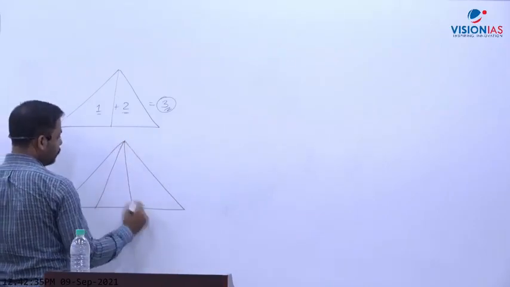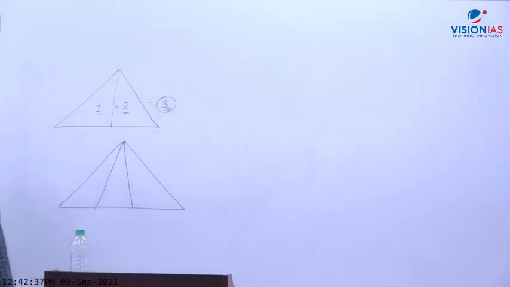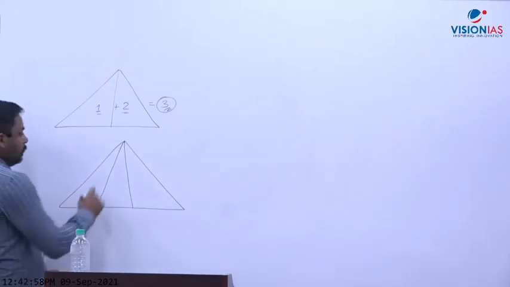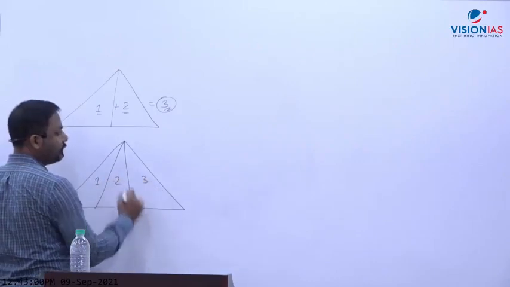Now count how many triangles are there in this figure. Yes. See, 3 different parts are there. 1, 2, 3.